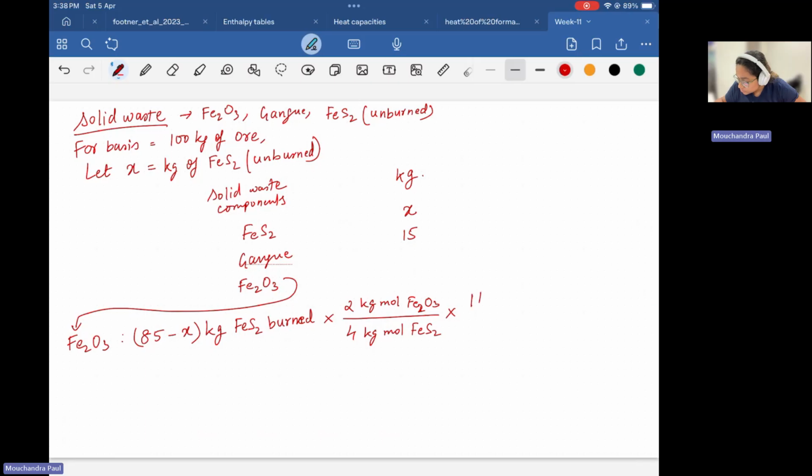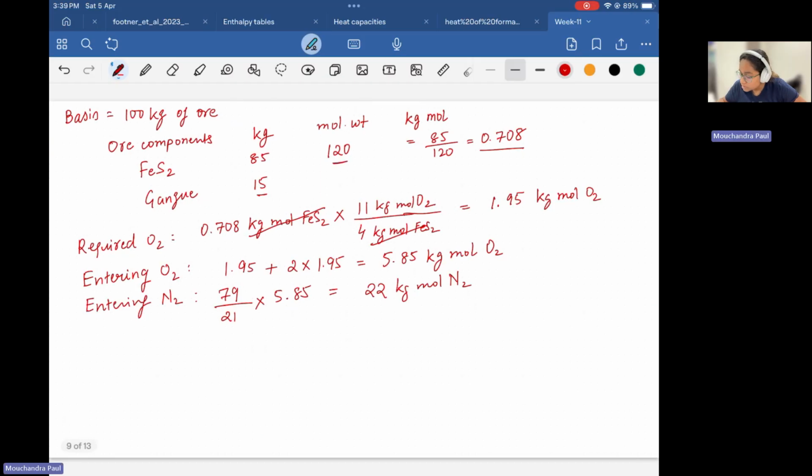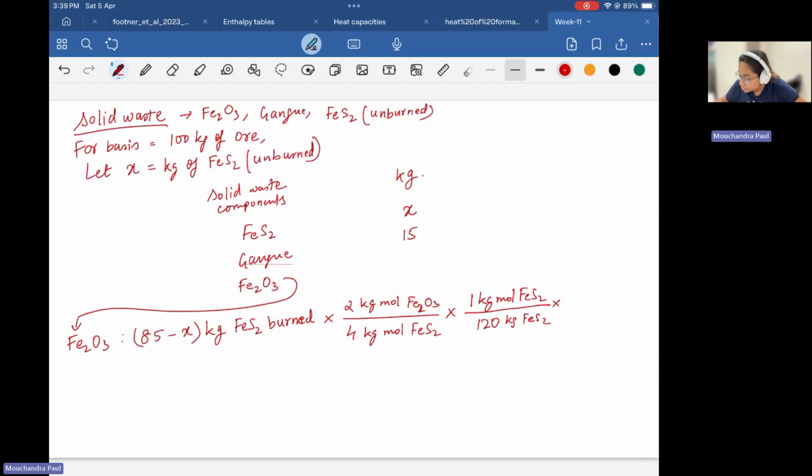So you know 1 kg mole of FeS2 contains 120 kg FeS2, as already mentioned, whereas the molecular weight of Fe2O3 is 160.